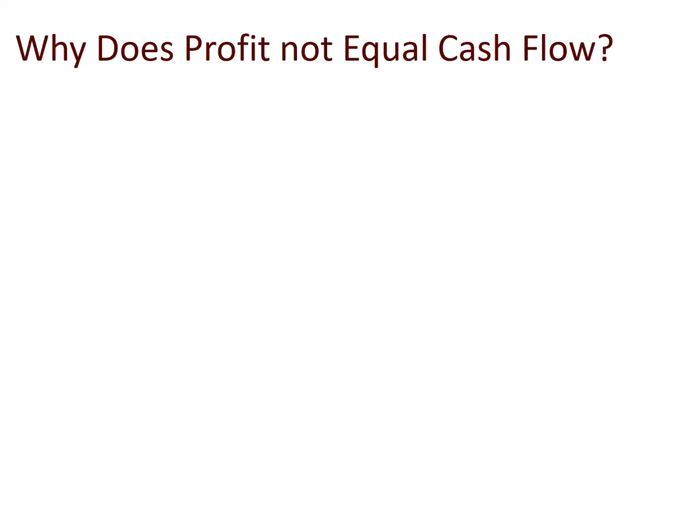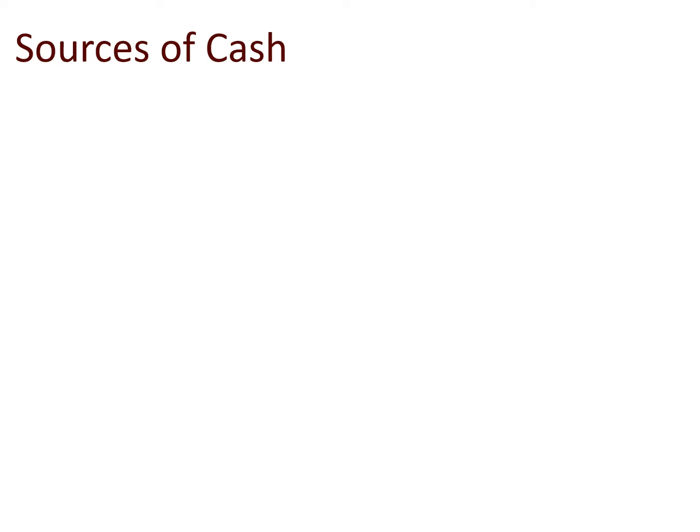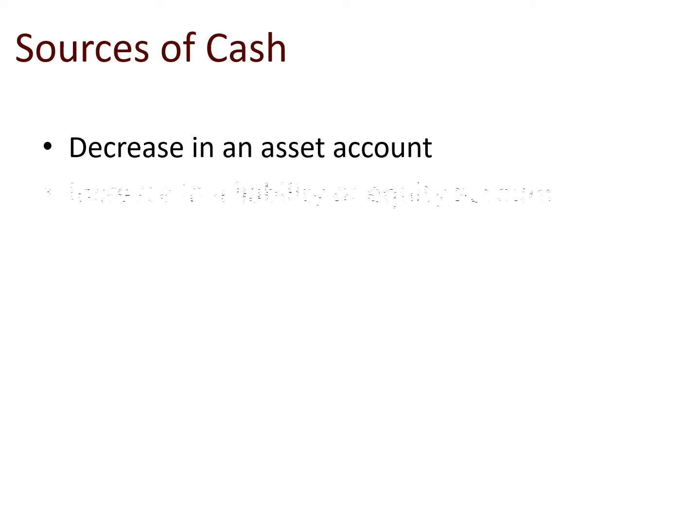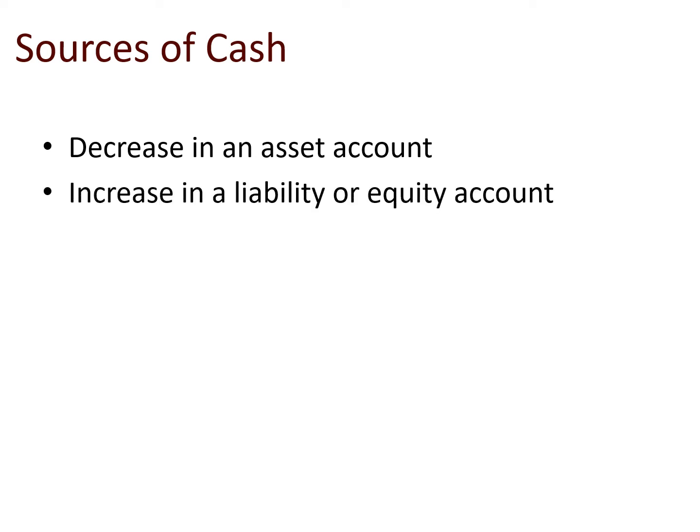So the question comes up, why does profit not equal cash flow? To answer that question, we'll look at the sources and uses of cash within a business, or at least examples of each of those. We'll start with sources of cash. A decrease in an asset account or an increase in a liability or equity account will produce cash.